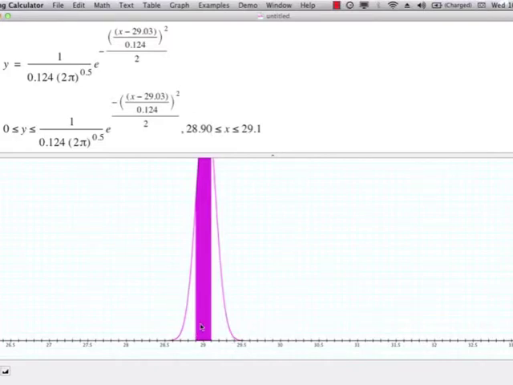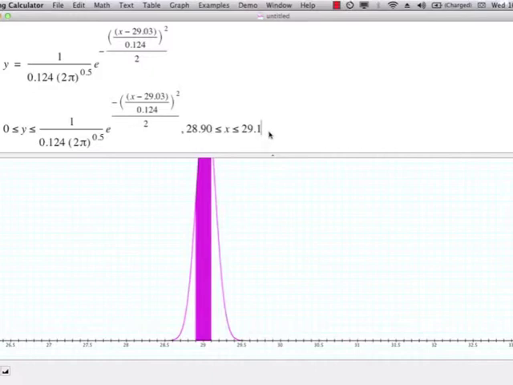I could go to my z-tables and figure out how many standard deviations below 29.03 that is, and how many standard deviations it is above 29.03. I could find that all in my z-table. But the point of math is that we don't want to go running to tables if we don't have to.